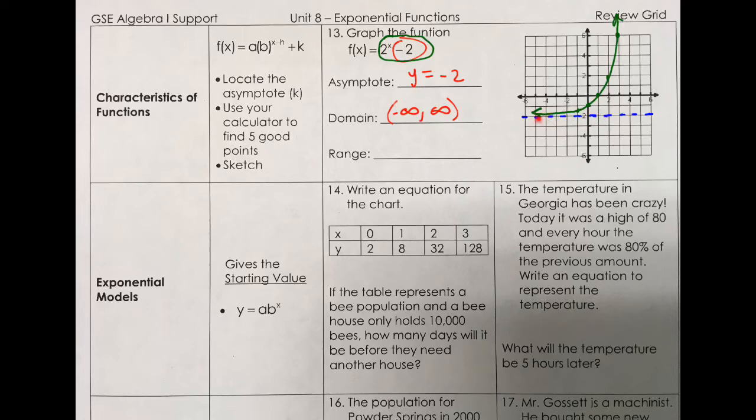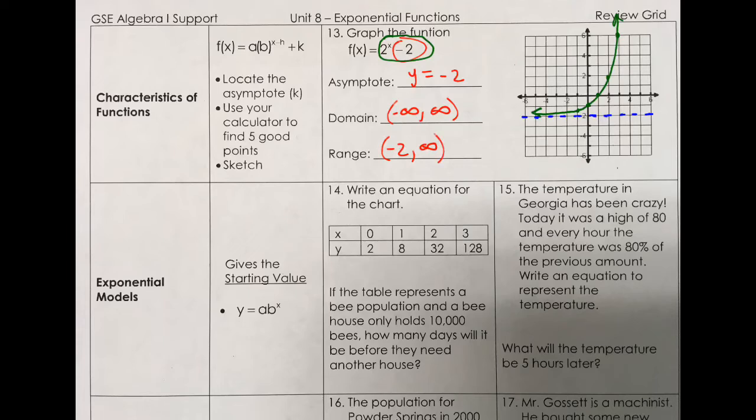So the furthest to the bottom is going to be -2, because it's our asymptote. It's not a bracket because it's never going to touch it. So that's a parenthesis. And then comma, the furthest that it is going to go to the top, it's going to go on forever because that's an arrow right there. And so it's going to go on for infinity. So -2 to infinity.